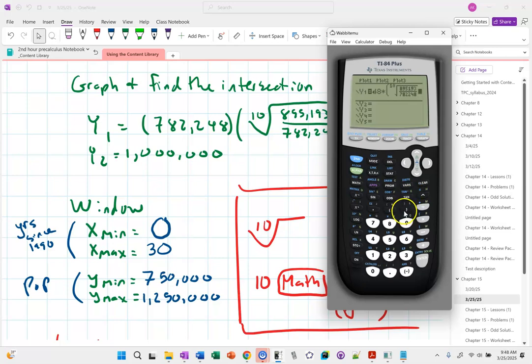Then I'll close my parenthesis and raise that to the power x. And then 1 million in the next thing. Set my windows. We said 0 to 30 would be a good guess. And then 750,000. Then 1.25 million. So if I hit graph, here we go.